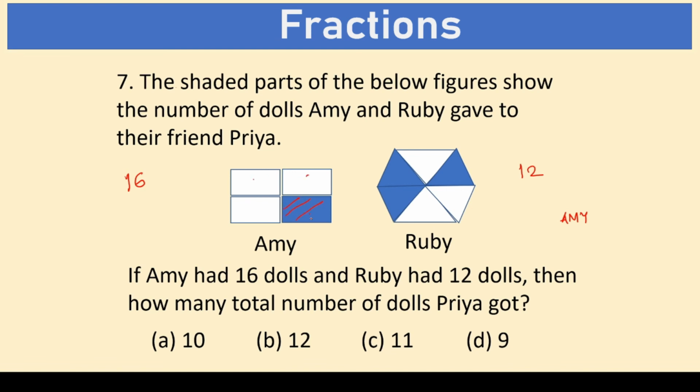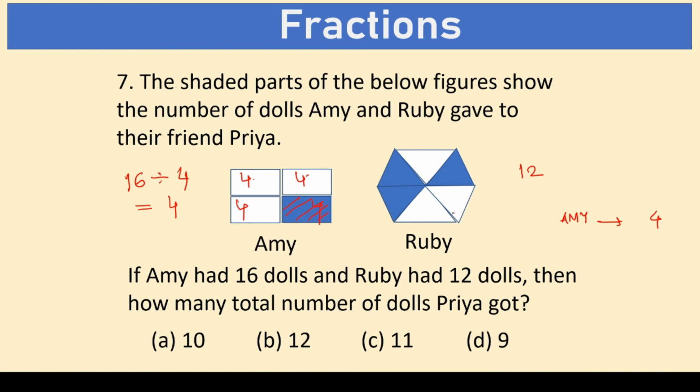There are 4 and 1/4 of the portion was given to Priya. So to get how many dolls are in each portion, we need to divide 16 by 4, which is equal to 4. So there are 4 dolls in each of these portions, and that one portion is given to Priya, so Priya gets 4 dolls from Amy.